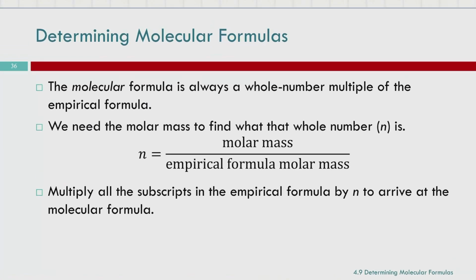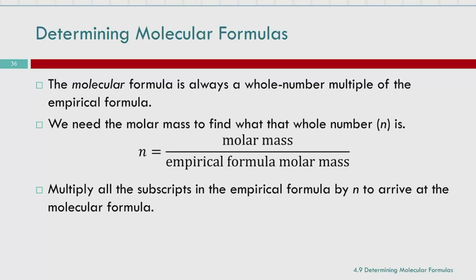Another thing that we can do with empirical formulas is determine molecular formulas. So the molecular formula, we've talked about this before, is always a whole number multiple, meaning you multiply the empirical formula subscripts by 1, 2, 3, 4, etc. and you'll get your molecular formula.